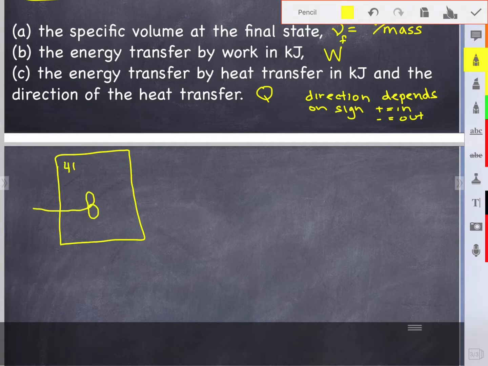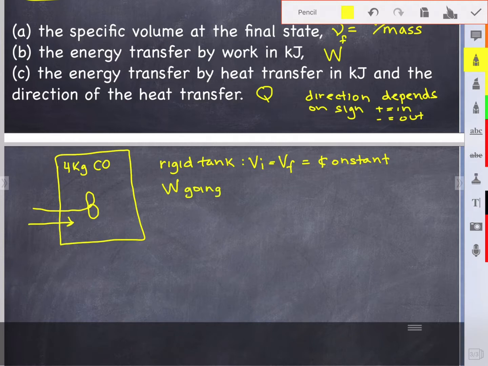The tank has 4 kilograms of CO. The tank is rigid, so that means the volume is constant. So the initial volume equals the final volume, constant. We know that the paddle wheel is doing work on the CO, so there's work going into the system.